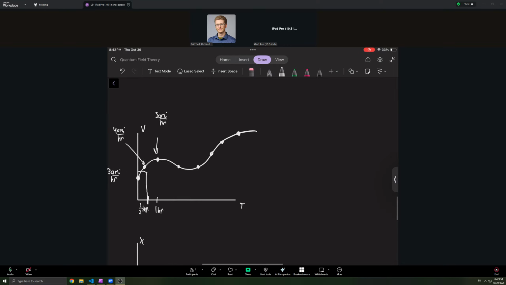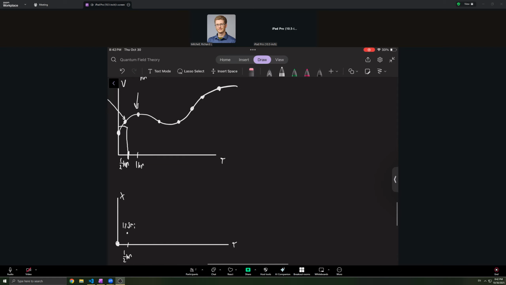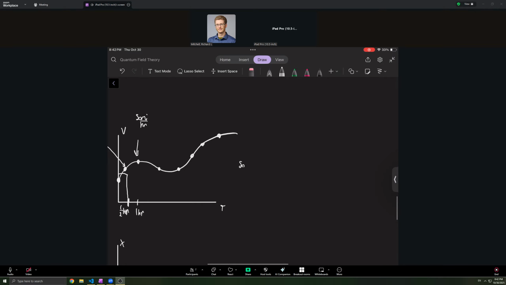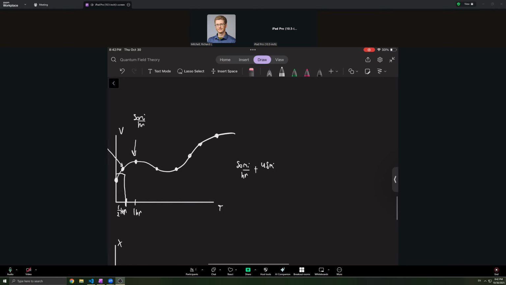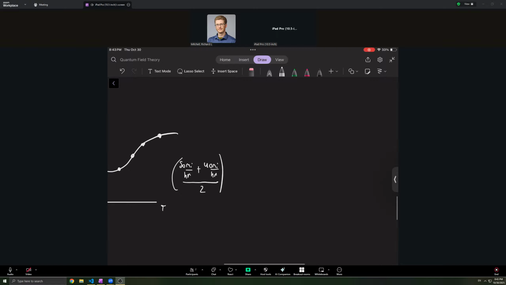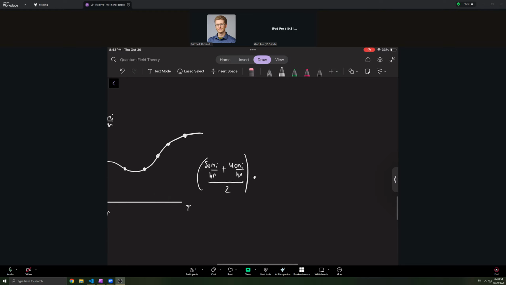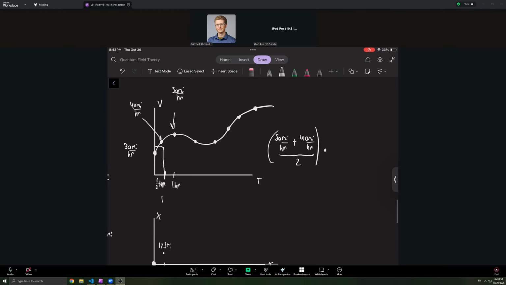So I do that calculation. It would be 50 miles per hour plus 40 miles per hour, divided by 2 to get the average, and then we multiply that by the time, which is of course half an hour.